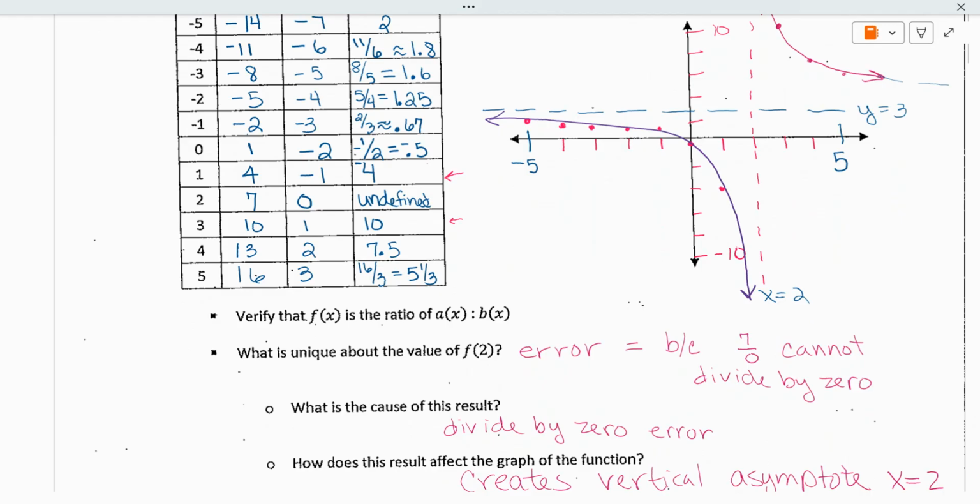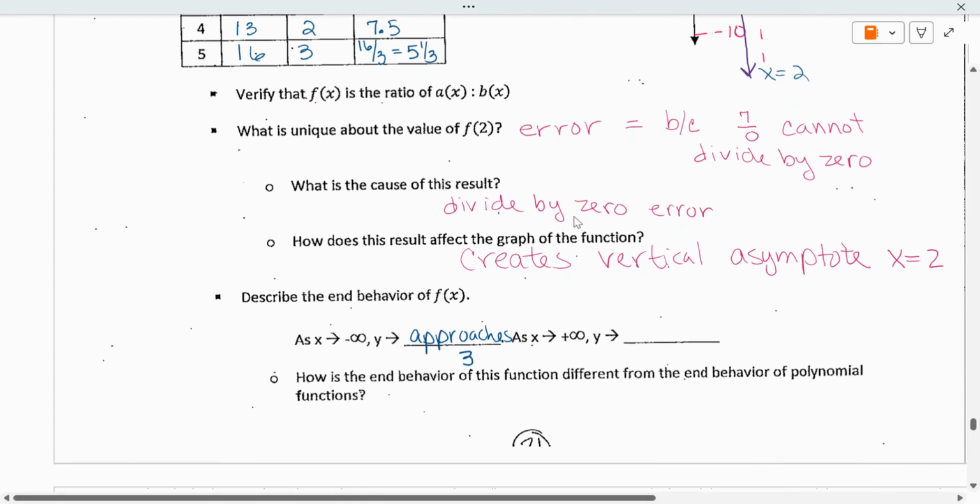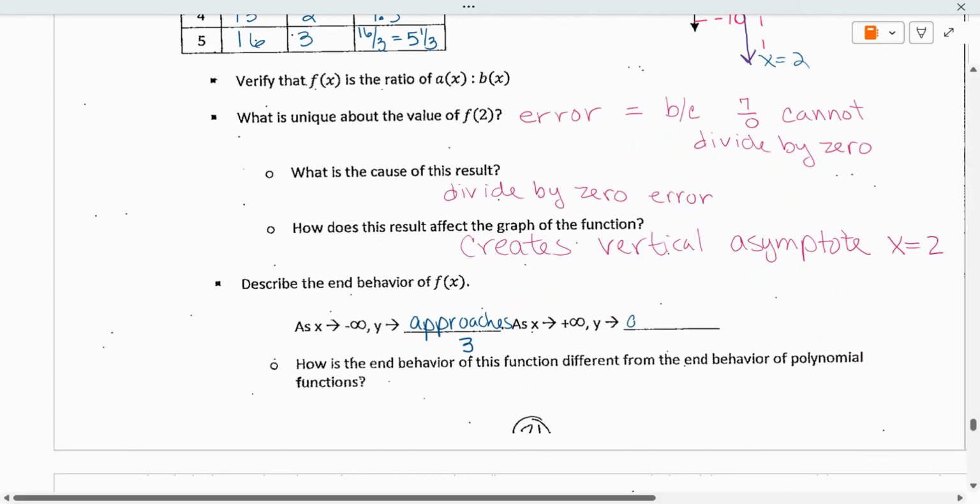You said positive 100? Sure. 3.071. Okay. So do you think it's ever going to touch 3? It's always going to be above 3. Okay. So as x gets really, really, really big, y approaches 3. But again, it never touches it.